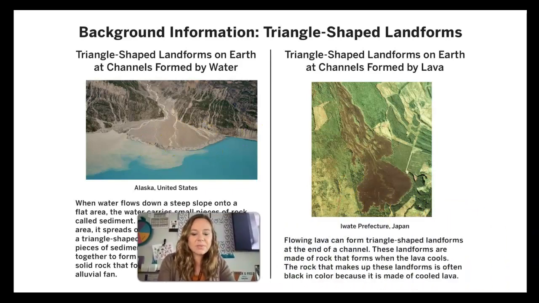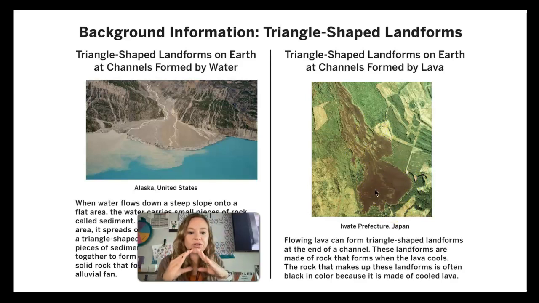All right, let's look at the one on the right. The triangle-shaped landforms on Earth at channels formed by lava. Flowing lava can form triangular-shaped landforms at the end of a channel. These landforms are made of rock that forms when the lava cools. The rock that makes up these landforms is often black in color because it is made of cooled lava. So here's our channel, and here's our triangular-shaped landform. What they're saying here in the lava channel is that this is actually cooled lava.